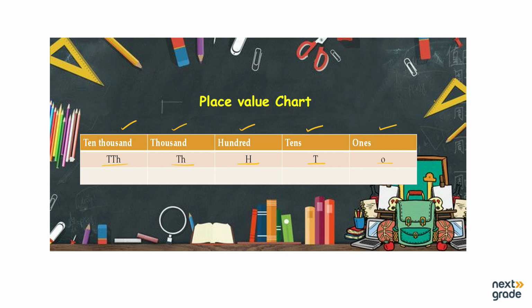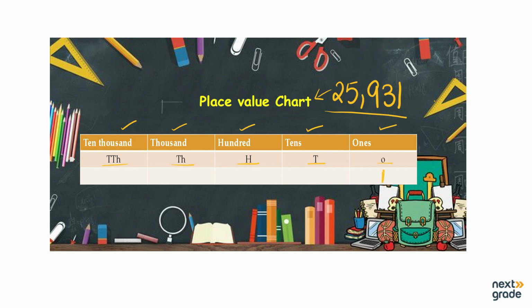So let's think of a number, for instance, 25,931. Let's place this number in the given place value chart. All right, let's do it together. The digit 1 will come under the ones column.